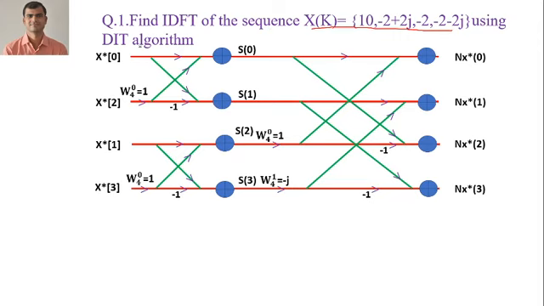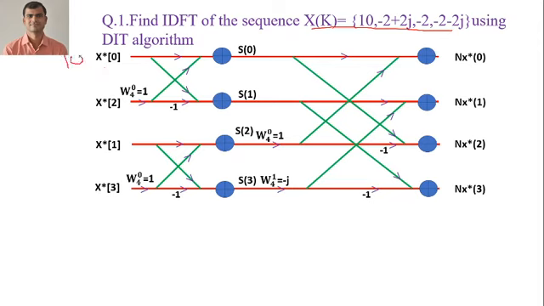As we know, for the DIT FFT algorithm the input sequence is in bit reversal order and the output sequence is in natural order, but here the input sequence is a discrete frequency sequence and the output sequence is the discrete time samples. Now after putting the values of x conjugate of 0, x conjugate of 2, x conjugate of 1, x conjugate of 3, we will be getting the output for S0. The value of x conjugate of 0 is 10.